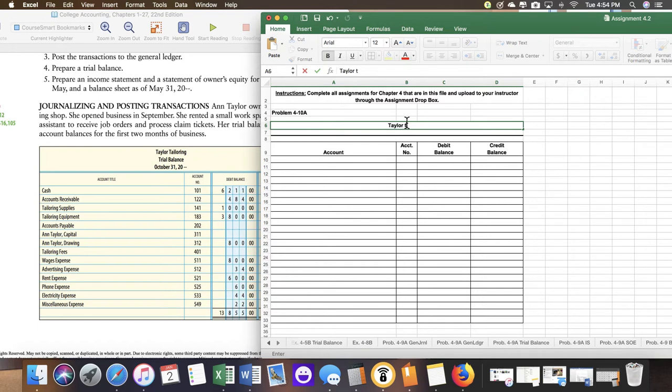So it's Taylor Tailoring, and this is for November 30th. And we're going to list the accounts. We're just going to go right down the road, right down the list of what they have.